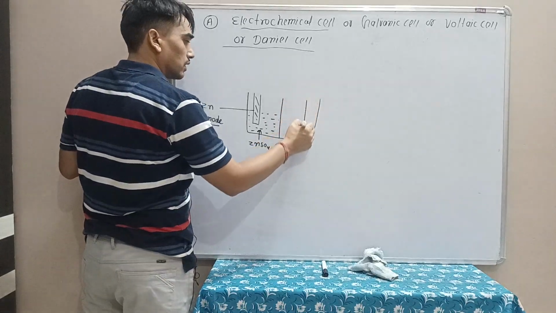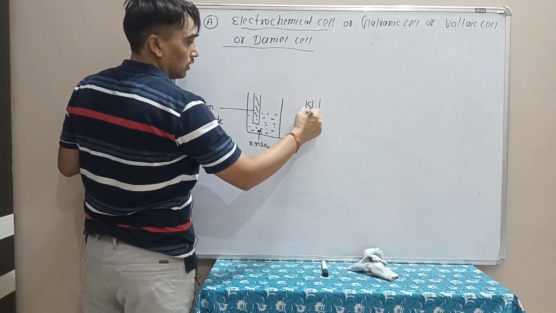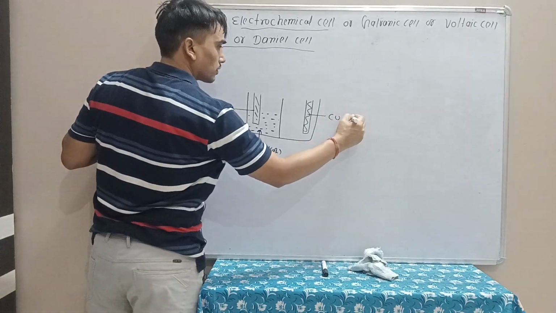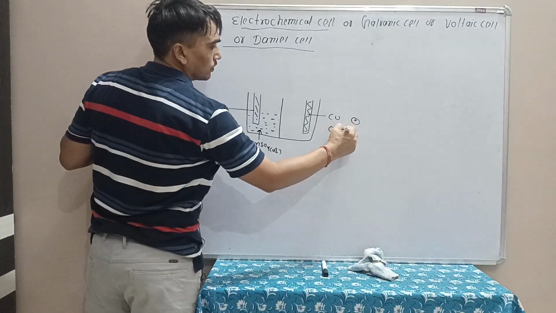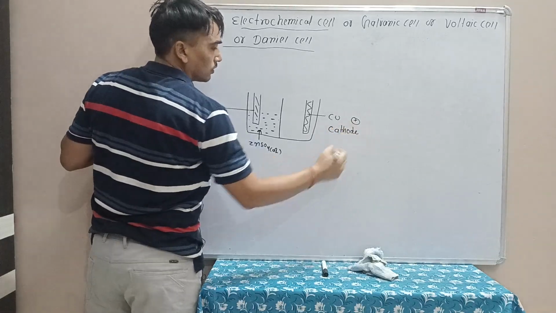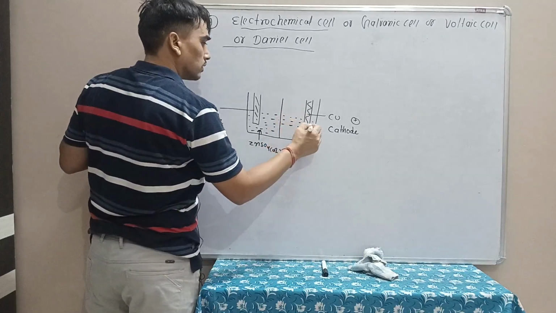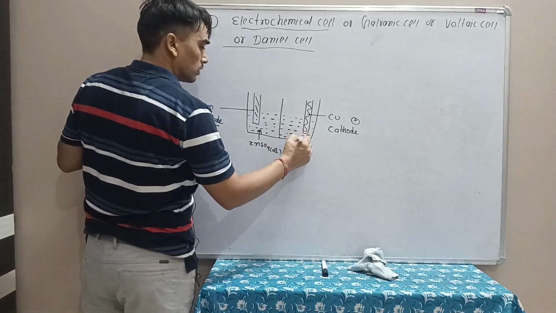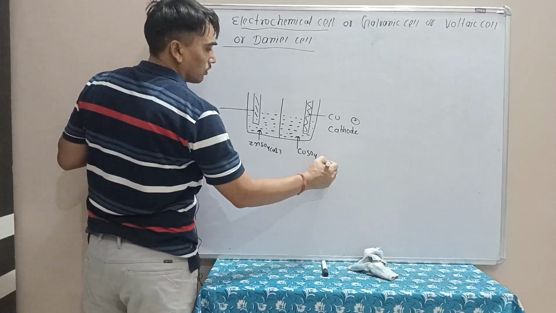Like this, the other container contains a copper rod, which acts as cathode, and it is placed in CuSO4 aqueous solution.